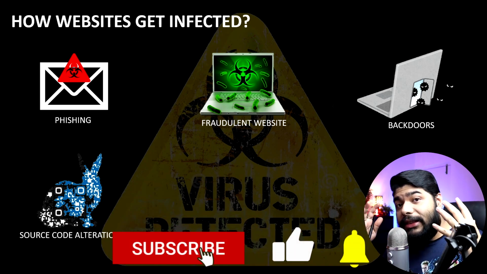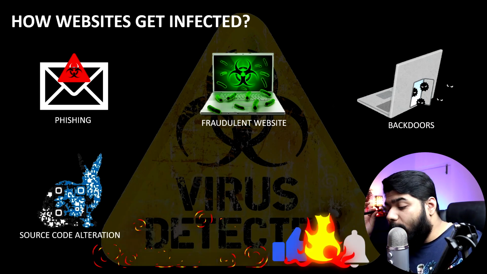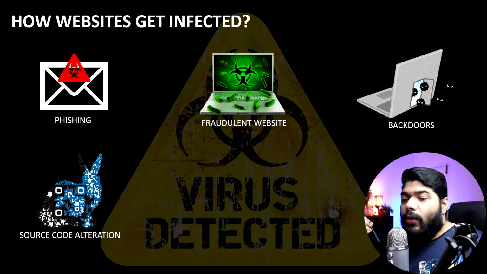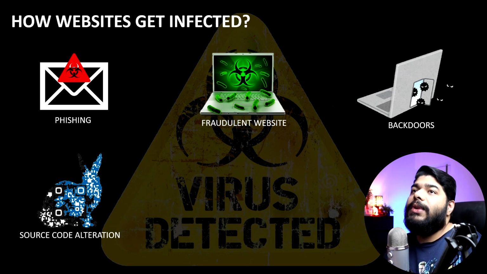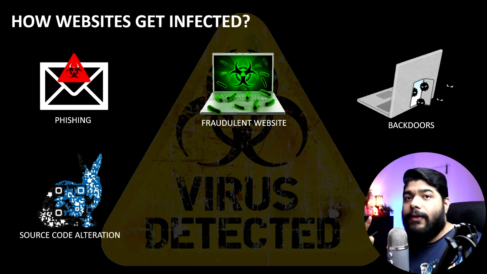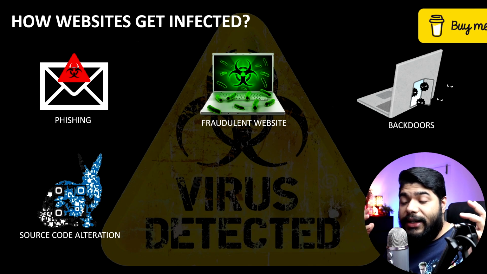In that fashion your website can get infected, and when your source code gets altered, you are nowhere, right? It's a similar example, and if you are interested, I have a similar, very detailed website hack investigation.